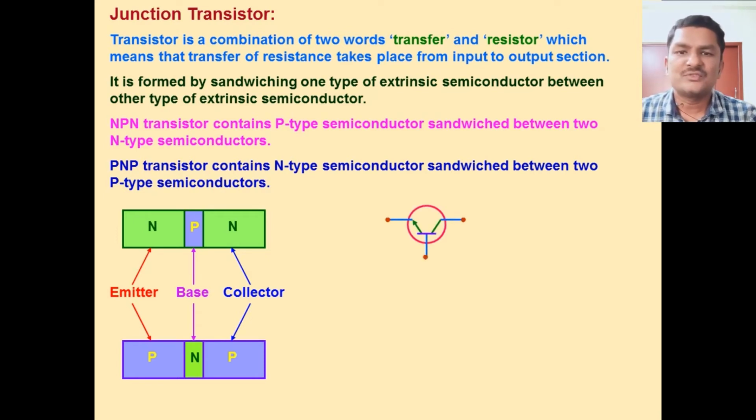So a transistor has three electrodes, like a diode has two electrodes. The three electrodes of a transistor are named emitter, base and collector.